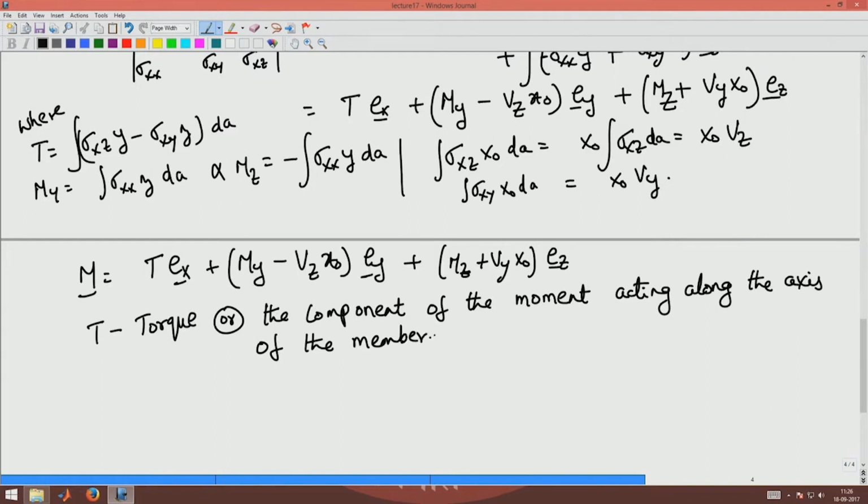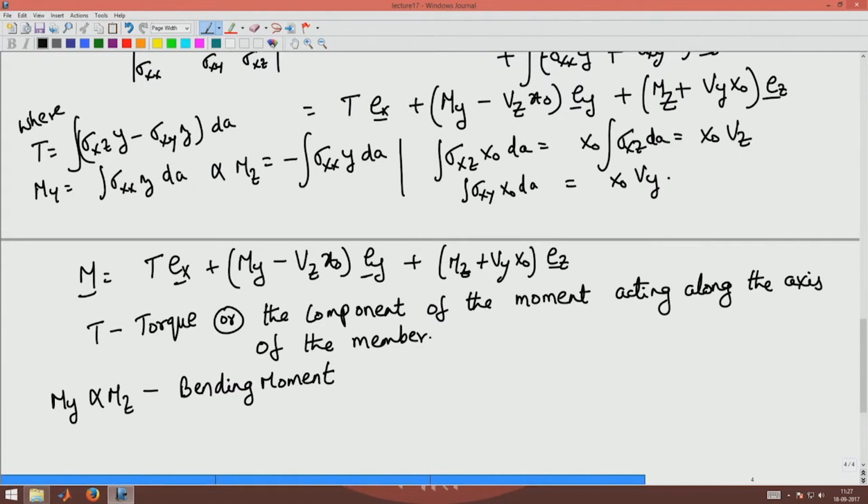We will come to this after we finish the bending moment expressions. The other two, My and Mz, are called bending moments, that is, the component of the moment not acting along the axis of the member is called bending moments.